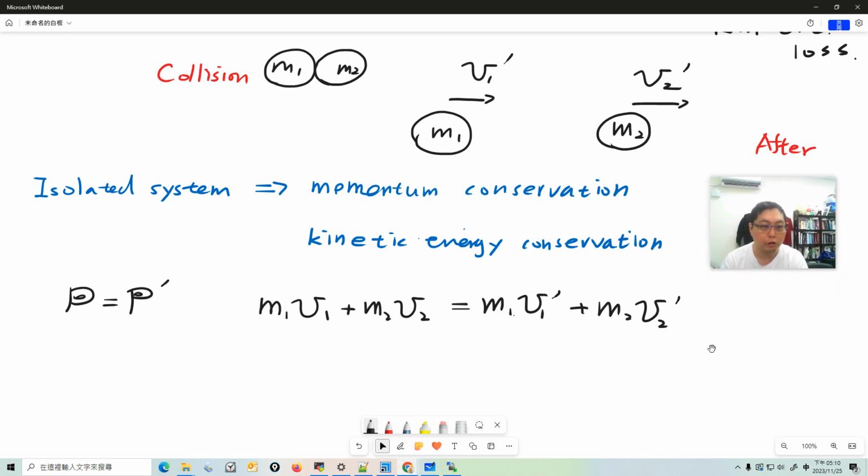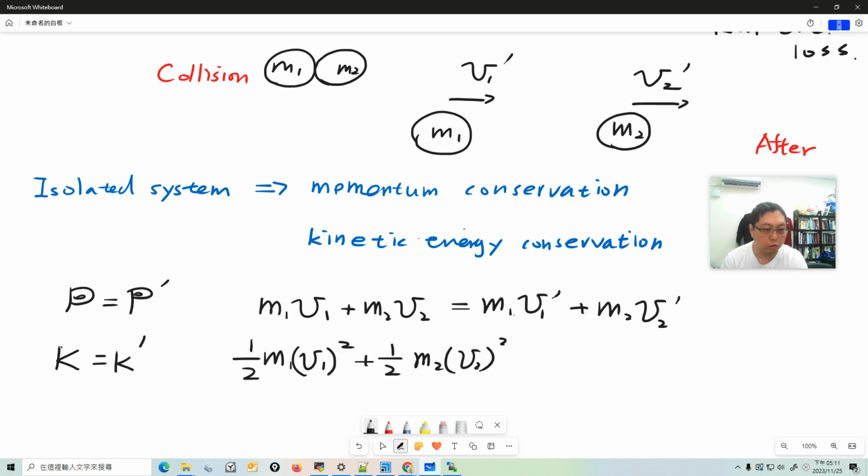Another equation comes from the kinetic energy conservation. Kinetic energy conservation is K equal to K prime. So the total kinetic energy before the collision is 1/2 m1 v1 square plus 1/2 m2 v2 square, equal to 1/2 m1 v1 prime square plus 1/2 m2 v2 prime square.